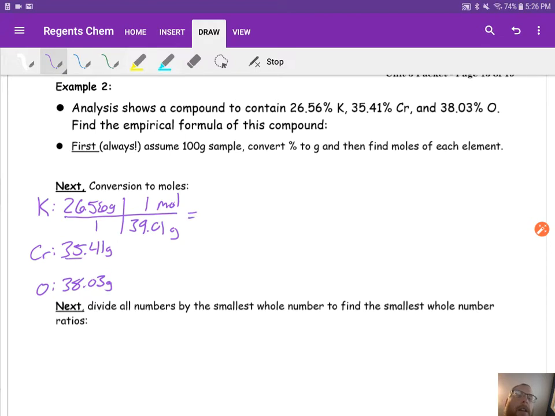Okay. Chromium, its atomic mass is 51.996 actually. And then oxygen is 16.